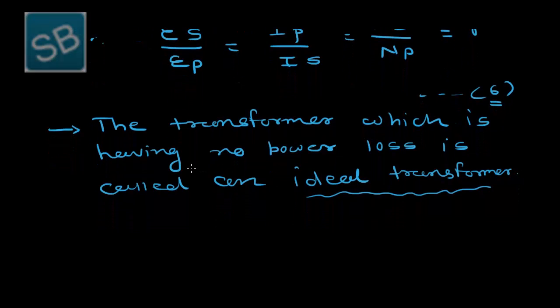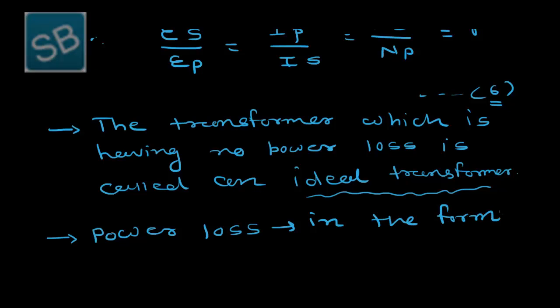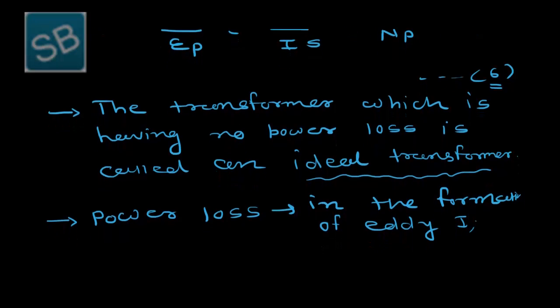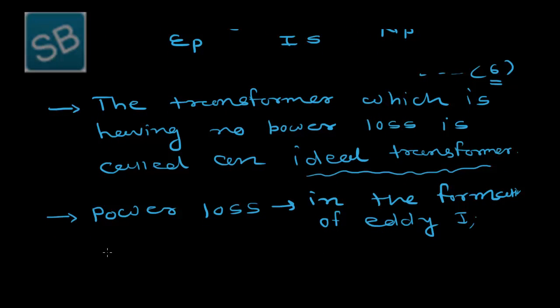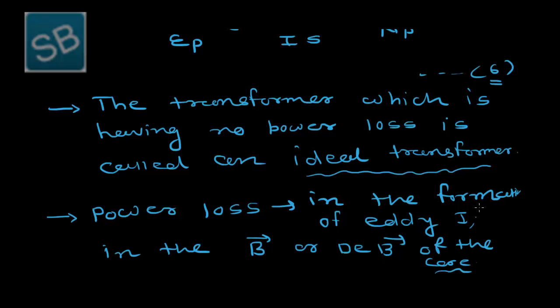Similarly, such ideal transformers are not practically possible, but there is some power loss in the formation of eddy currents, and also in the magnetization or demagnetization of the core, the core which contains both the primary and secondary coil.